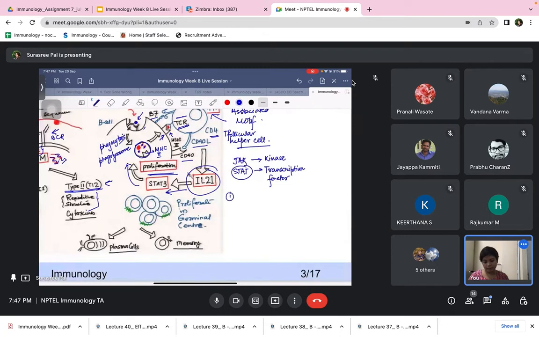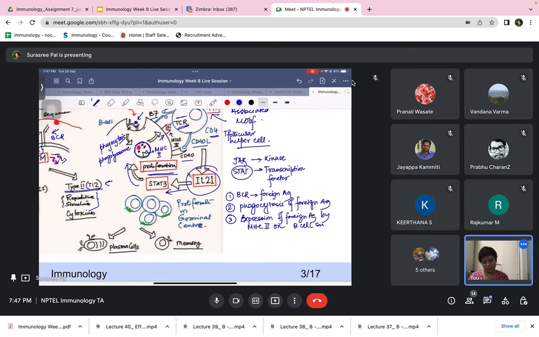First, the BCR recognizes foreign antigen. Next is phagocytosis of the foreign antigen. I'm just summarizing the whole event. Next is expression of this foreign antigen by MHC class 2 on the B cell surface.